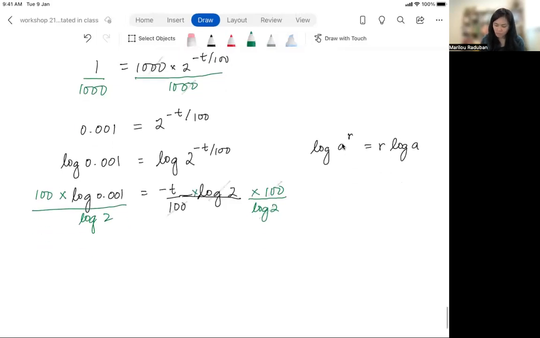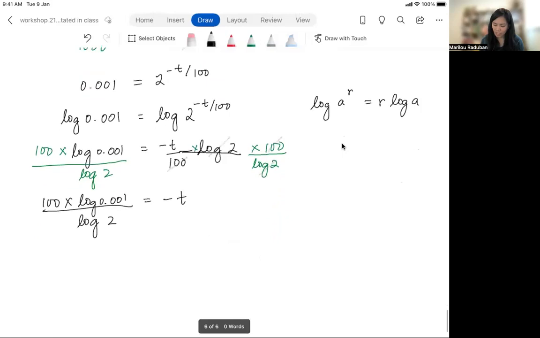So your equation looks like minus t is equal to 100 times log 0.001 divided by log 2. And you can carry out the calculation. You'll get something like -3.